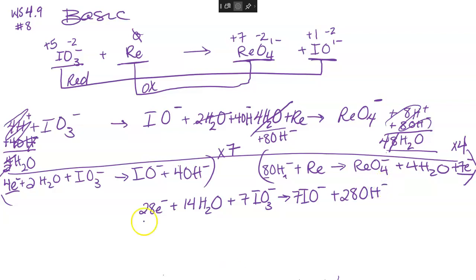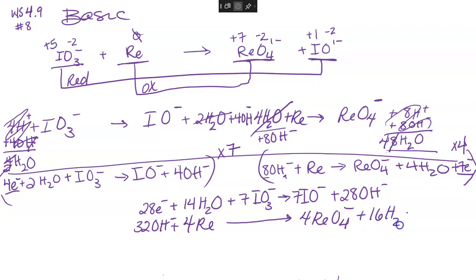The other side, 32 hydroxide plus 4 rhenium yields 4 ReO4. Sorry, the long arrow is making me giggle. 16 water and 28 electrons.